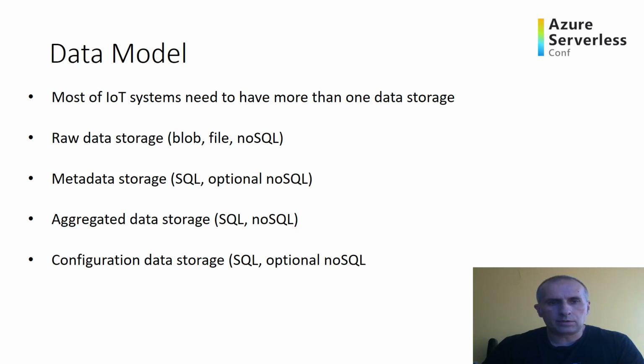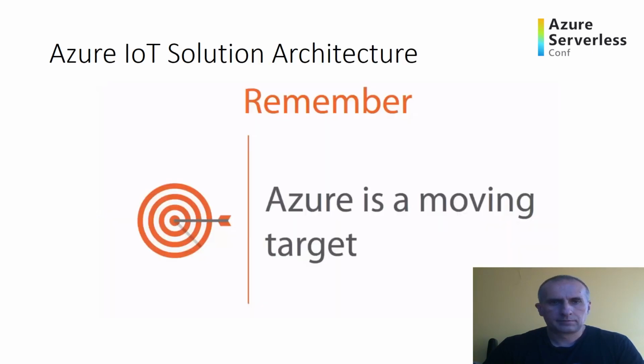And we will talk a little bit more in the context of Azure a little bit later, but you see for most of storages, we can have SQL or NoSQL solutions, and even for raw data storage, we can have simple blob storage. For the most of types of storage, it is possible to use CosmosDB if it is configured in the proper way.